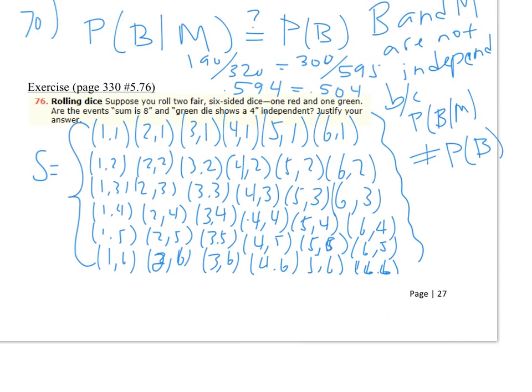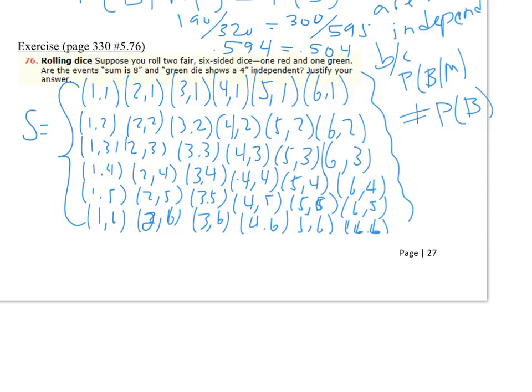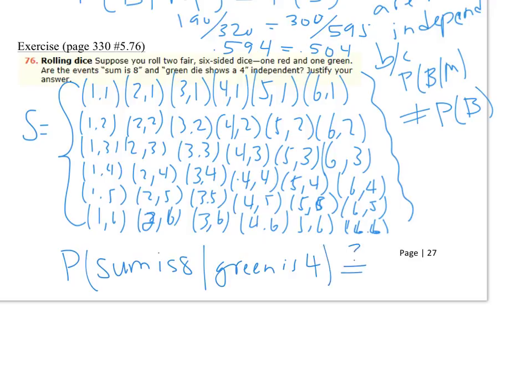So to answer this question, are sum is 8 and green die shows a 4 independent, we have to do that test for independence by figuring out the following. Sum is 8 given green is 4. We'd want to know if that's equal to the chance that the sum is 8.